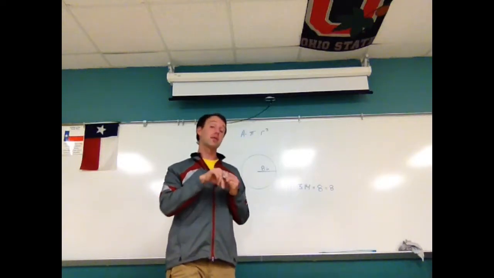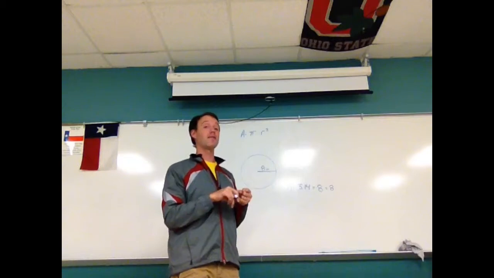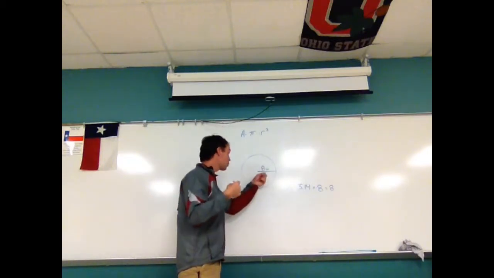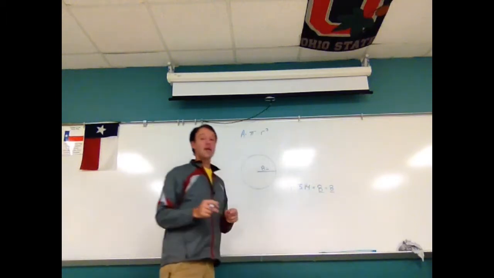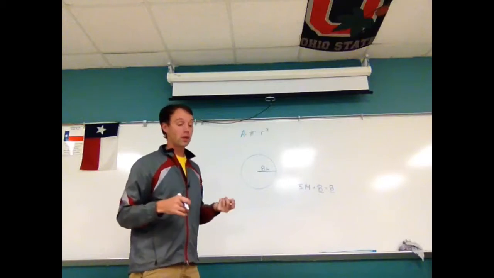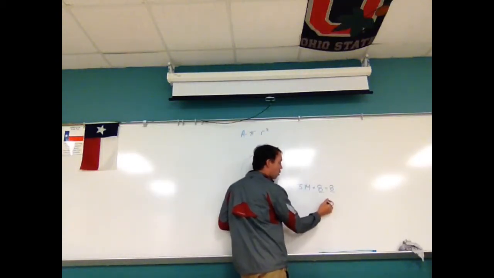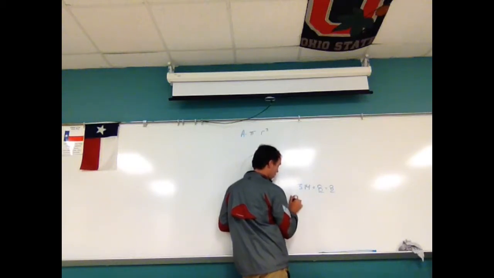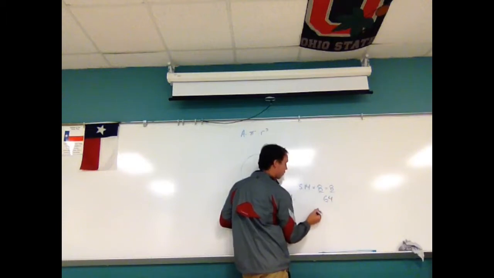So 3 squared is 3 times 3, 4 squared is 4 times 4, 5 squared is 5 times 5, 8 squared is 8 times 8, okay? Now, a couple of students like to do it different ways, but I'm going to show you the way that we do it, okay? We're going to take 8 times 8. Most of you know that 8 times 8 is going to give us an answer of 64.